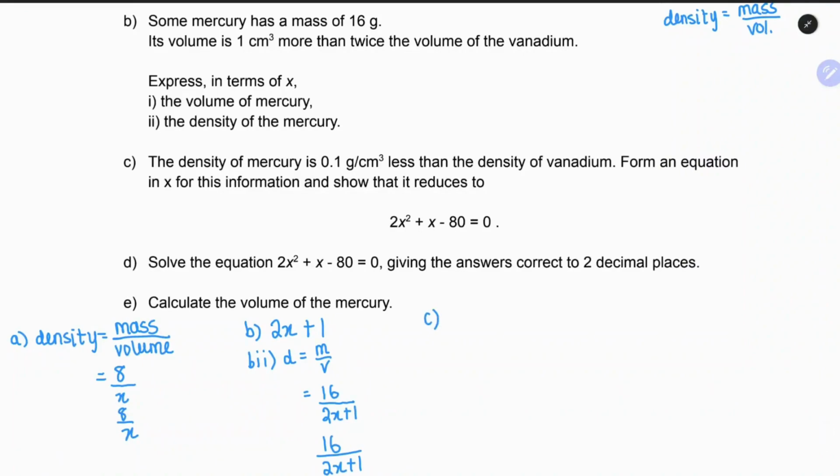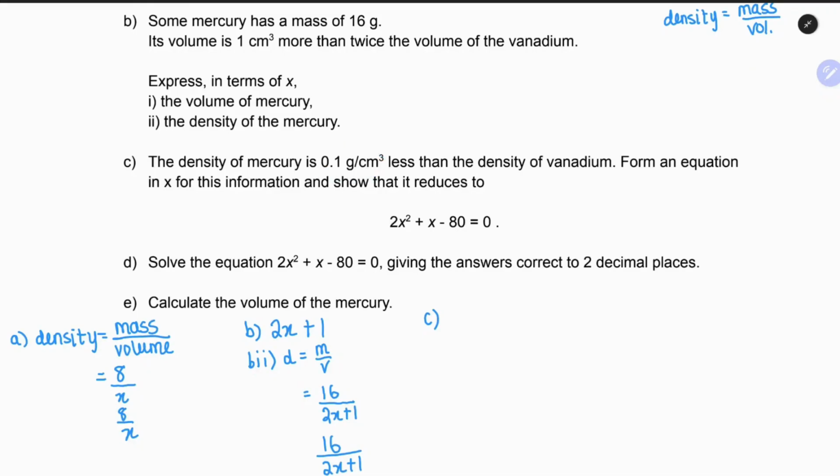So C now says the density of mercury is 0.1 gram per cubic centimeter less than the density of vanadium. So this is the lower, and then this is more. So more minus less would give you 0.1.